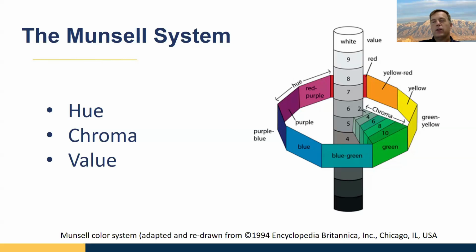We only have 6 million cone cells and they're divided into 3 groups, a blue group, a green group, and a red group. So compared to any one color, we're 50 times as sensitive to value as we are to chroma or hue. So you're like, again, who cares?